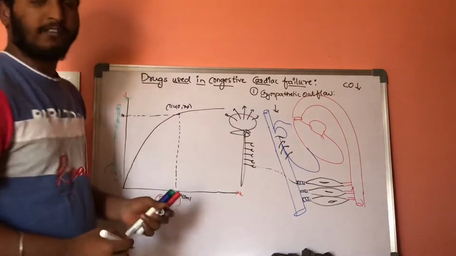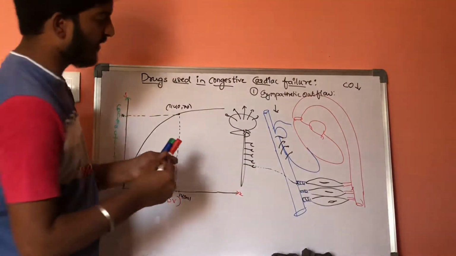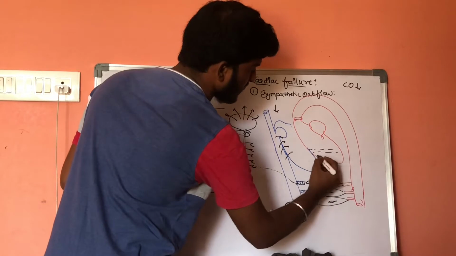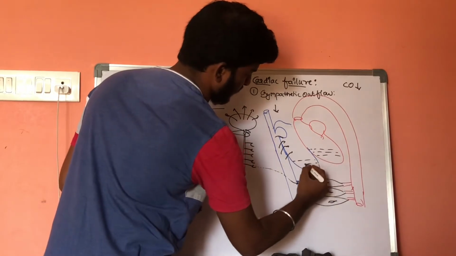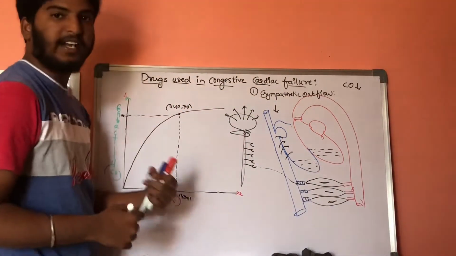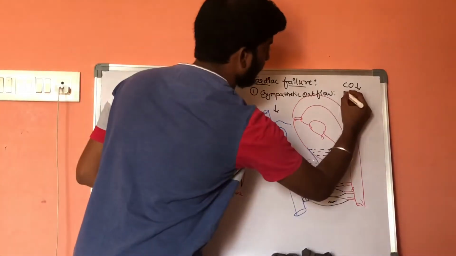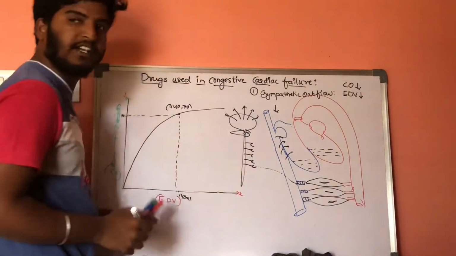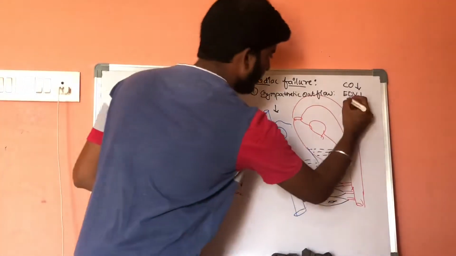The filling of blood inside the ventricles will get decreased, that is, end diastolic volume will get decreased. Ultimately, stroke volume will get decreased.